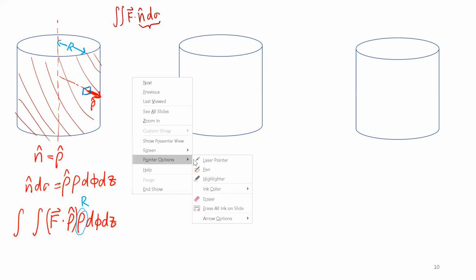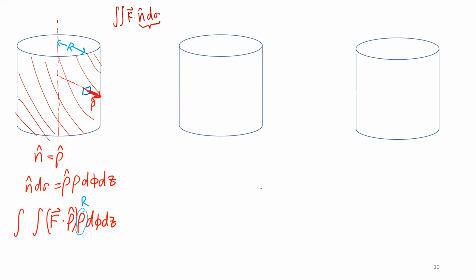However, if you just consider part of it, suppose I only consider this part of it, then you need to consider two phi values.